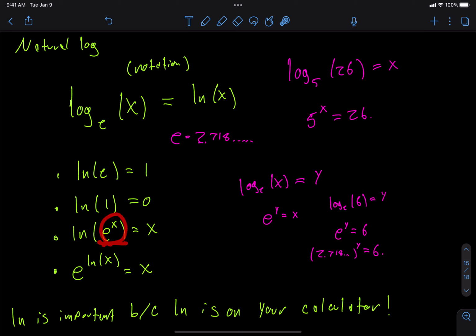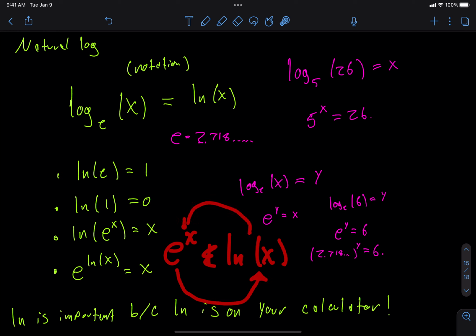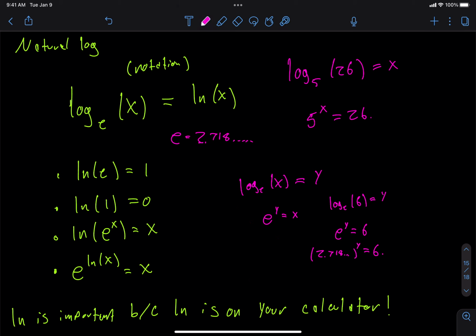These two functions are inverses, e to the x and ln x. So if I plug e to the x in for x in ln, I should just get x. And if I plug ln of x in for x in e to the x, I should get x. This is because these functions are inverses. So these are just the same rules that we already talked about, but rewritten in terms of this new notation for ln.